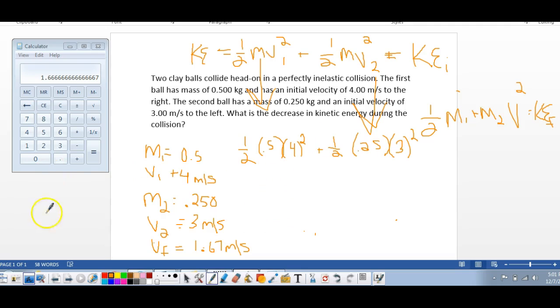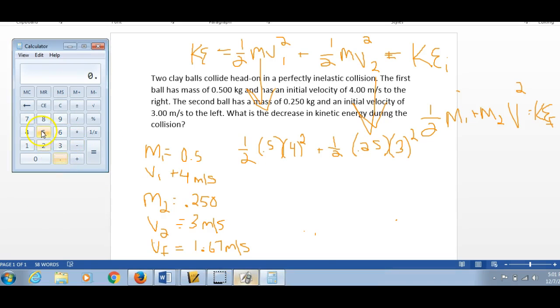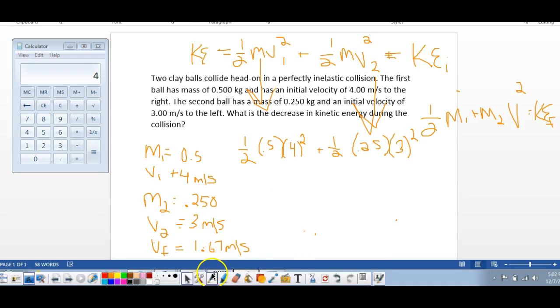So if we use the calculator here, we solve each one. 0.5 times 0.5 times 4 times 4 gives us 4 joules for the first one.